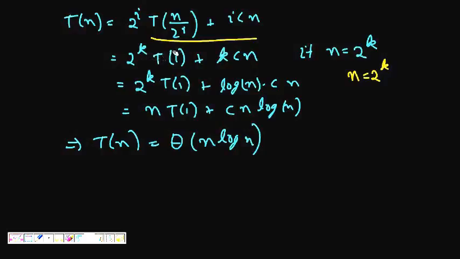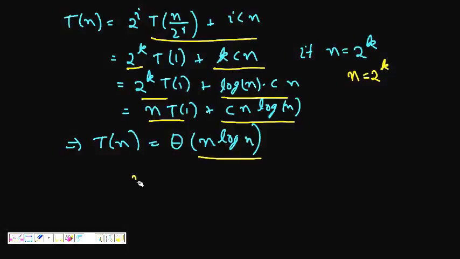Then T(n/2^i) becomes T(1) when i becomes k, so k is basically log n. So we see that this is nT(1) + Cn log n, so this is a theta(n log n) algorithm.